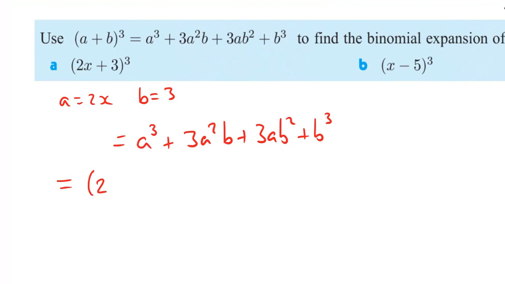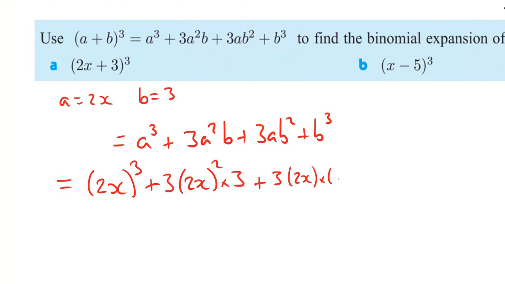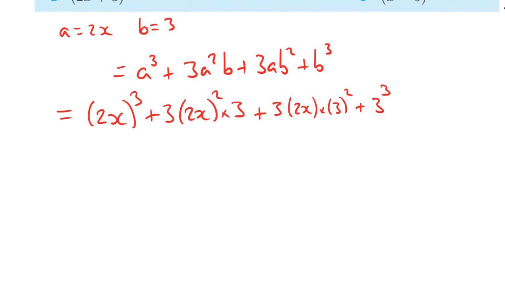So that is going to be (2x)^3 + 3 lots of (2x)^2 times 3 + 3 lots of 2x times 3^2 + 3^3. So that's swapping it all out. Okay, now we can start simplifying this. Well, (2x)^3 will be 8x^3. 3 times 3 is 9, and so we've got 9 times 4x^2, which is the 2x all squared.